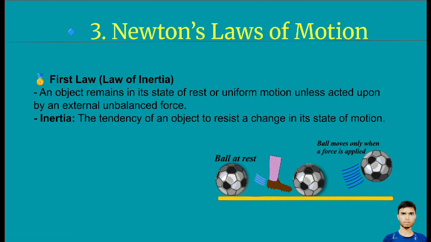We have three types: inertia of rest, inertia of direction, inertia of motion. Inertia of rest: if an object is at rest, it will stay at rest until we apply an external force.